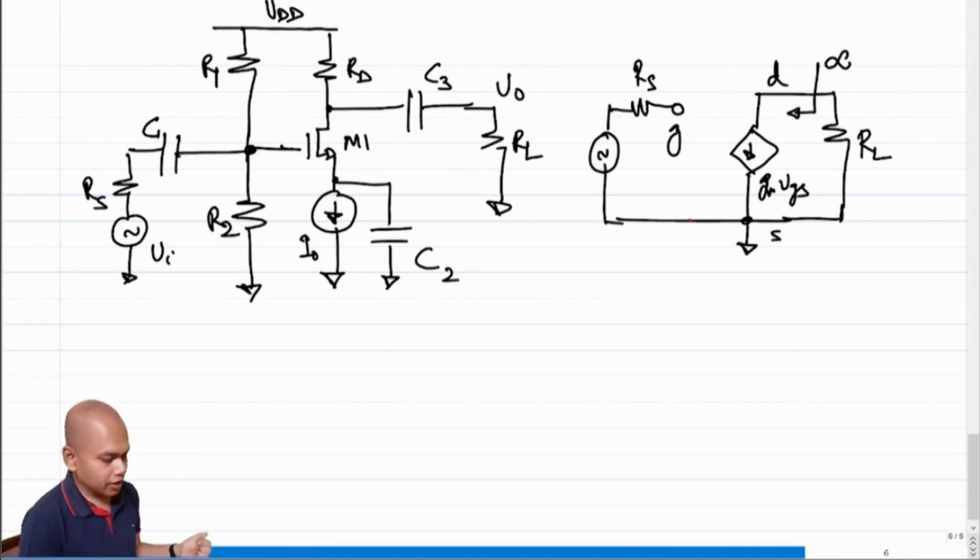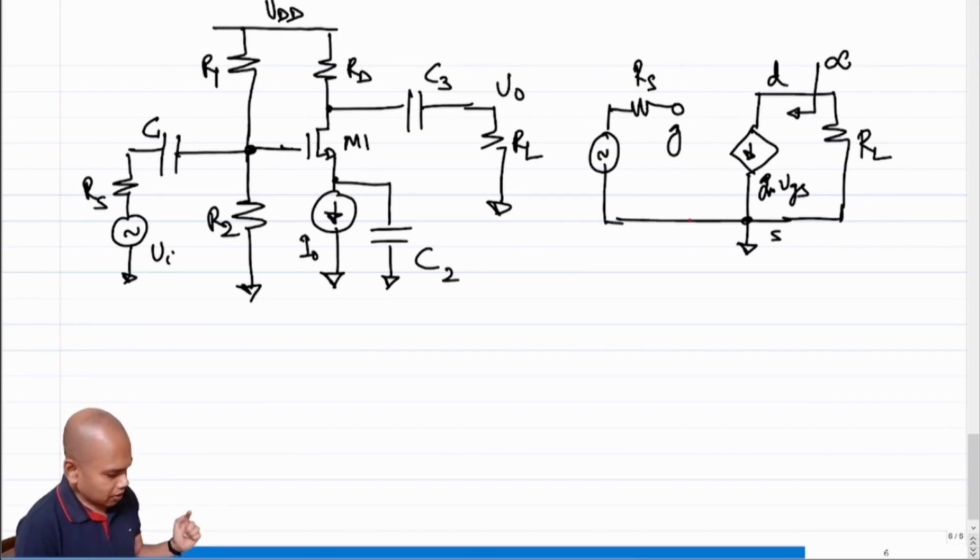Since it was infinite, all the current coming out of the transistor was flowing into RL. Had it not been infinite, there would have been some current division, and we wouldn't have gotten the gain GM times RL, right? Okay, fine.